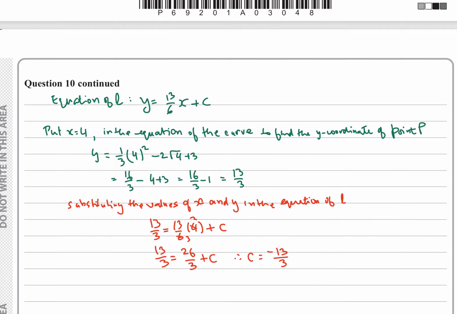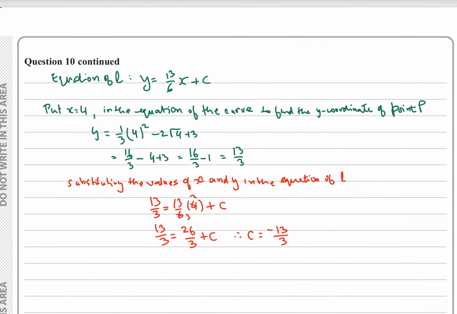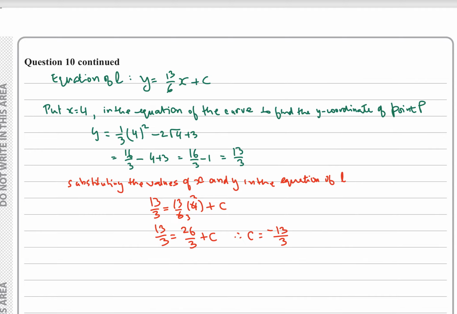So hence the equation of line L would be y equals 13 over 6 x minus 13 over 3.